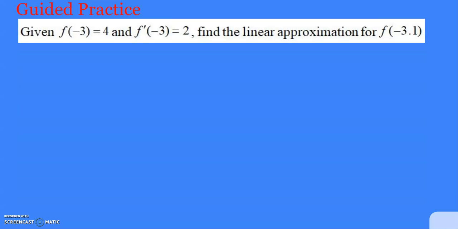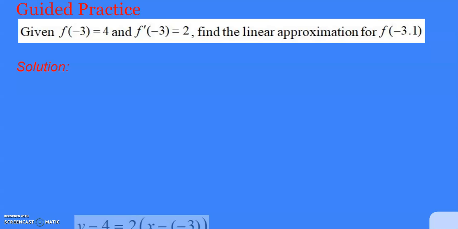So first, our guided practice problem, we'll go through evaluating f(-3.1) using the tangent line to the function f(x).